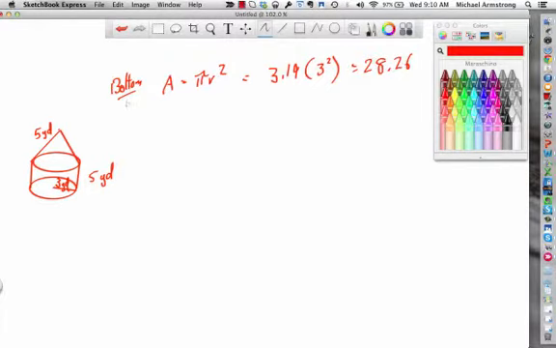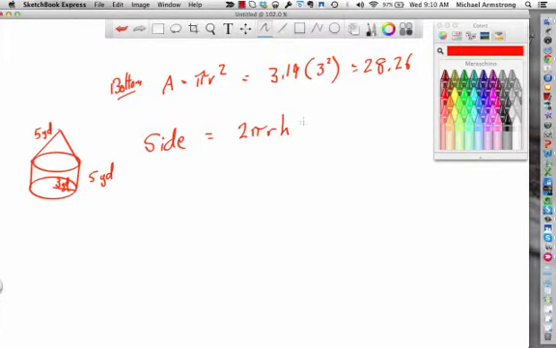So that's the bottom. And then the lateral side is going to be the height, which is 5, times the circumference. And the circumference is 2 pi r. That gives us the distance around the circle times the height.